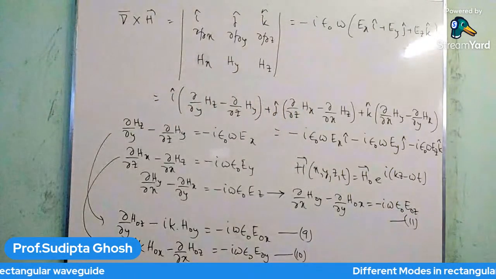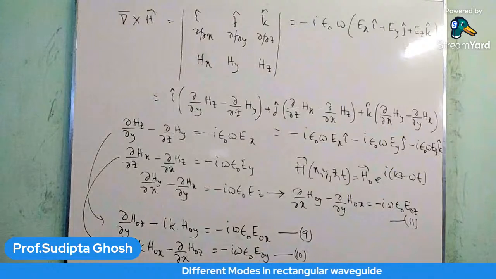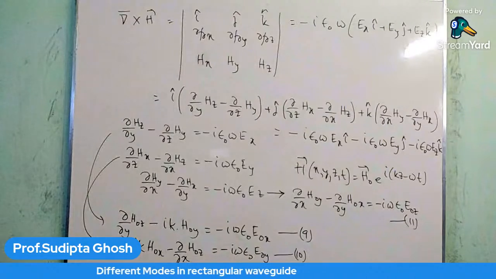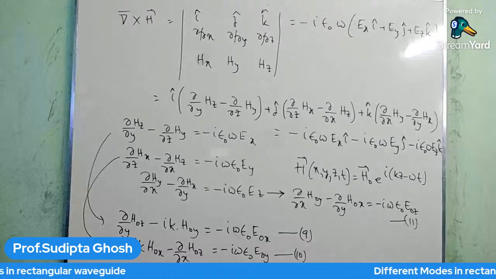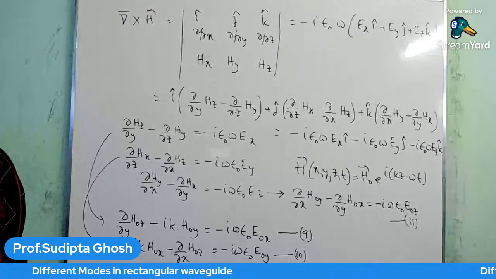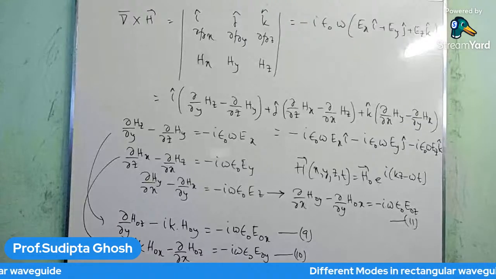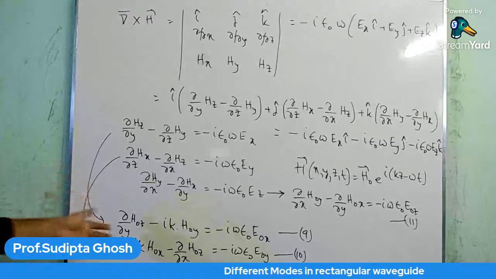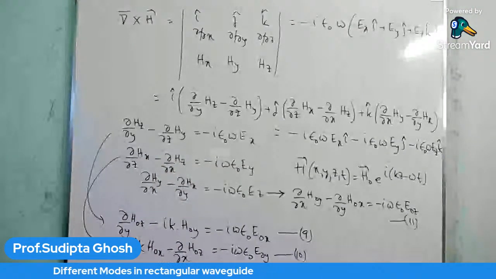So these are the three equations. Now these three equations I have found by taking the component form of equation number 5. Now if I take the component form of equation number 6, we can find similar equations but for the electric field.